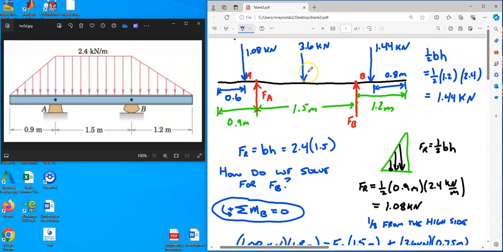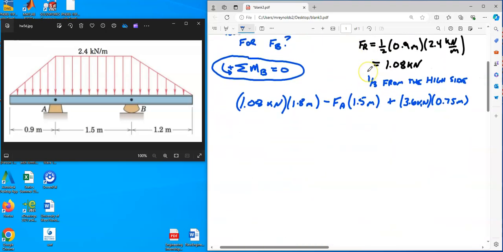and it's also going to be positive, because it's also counterclockwise. And lastly, we've got this 1.44 kilonewtons. Again, I don't need to look at FB because FB goes straight through B. And how far is it away from B? It looks to me like it's 0.4 meters away from B. And that's going to be negative because it's clockwise.